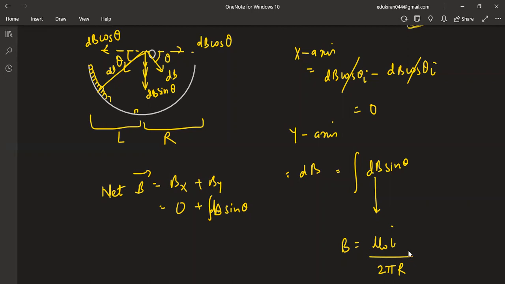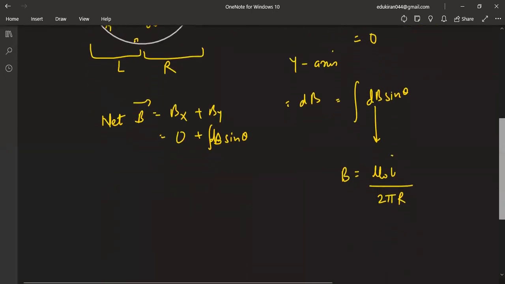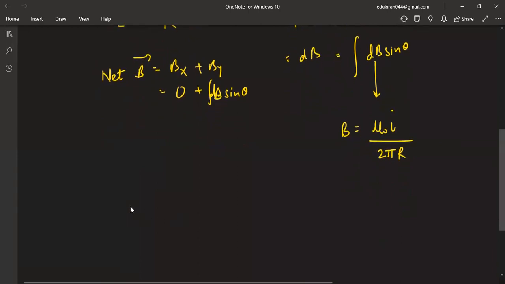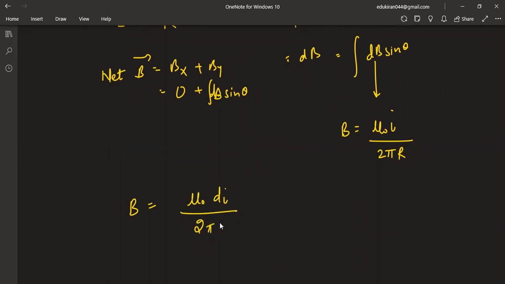So mu naught I by 2 pi r. Now just put it in this formula for magnetic field, which is dB. So you'll write mu naught dI by 2 pi r into sine theta, right?